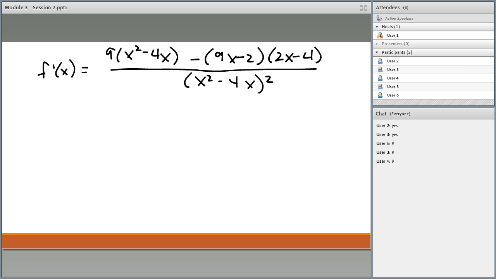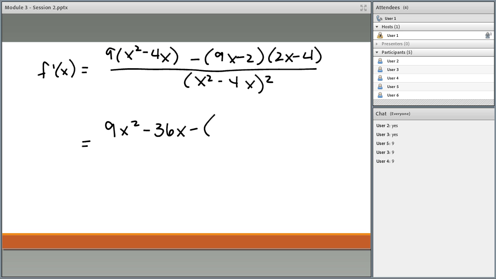So let's simplify the numerator. Well, the first term, we can just distribute the 9. So we have 9x squared minus 36x. And because we have a minus, I'm going to leave that out and I'll distribute it in the next step just so I don't lose the negative.